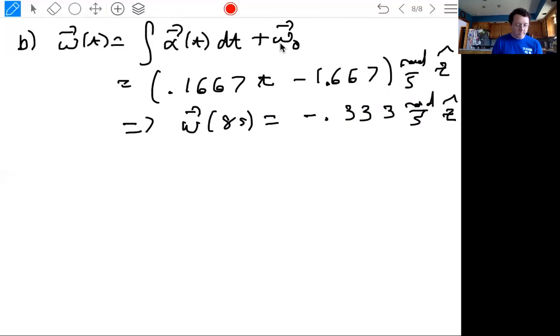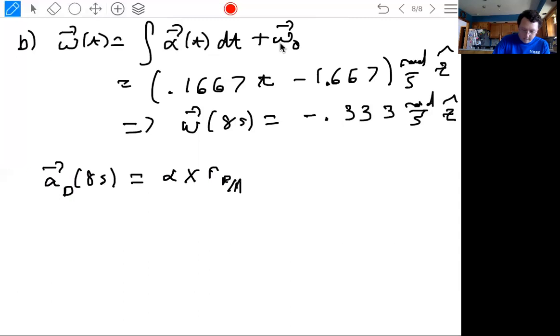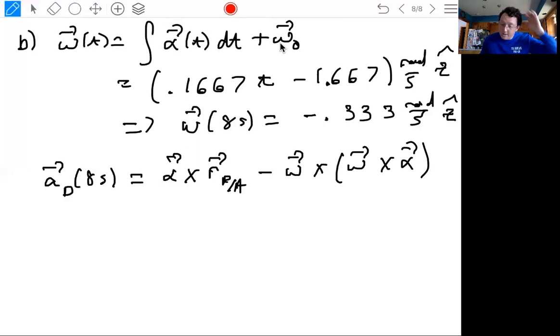All right. So I go through the same process, and I'm going to get the acceleration at D at 8 seconds equals alpha cross radius D relative to A minus omega cross, sorry, not alpha, r hat, r vector.